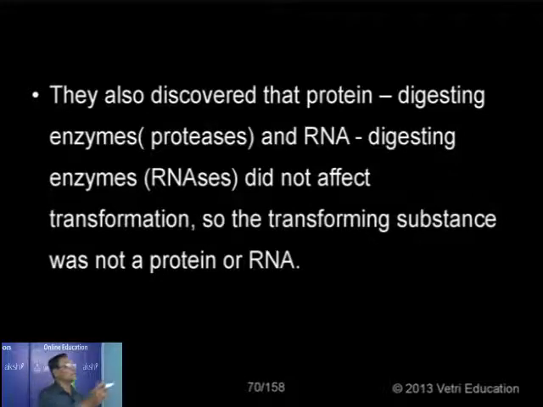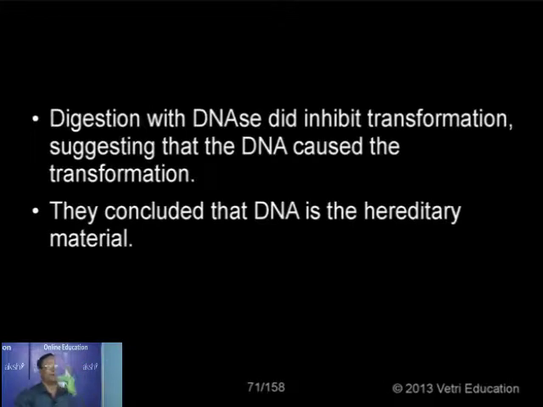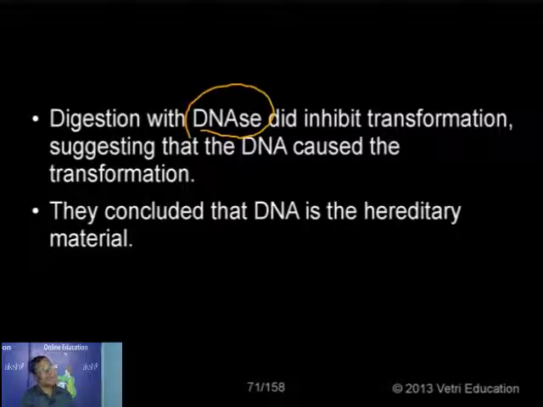In the next stage, they treated the cells with DNase, the deoxyribonuclease enzyme. When they treated the cells with DNase, the deoxyribonuclease enzyme, which is responsible for the breakdown of nucleic acid, what happened?